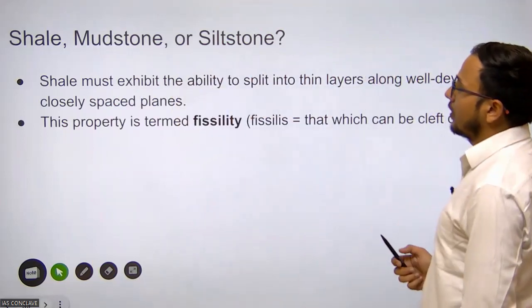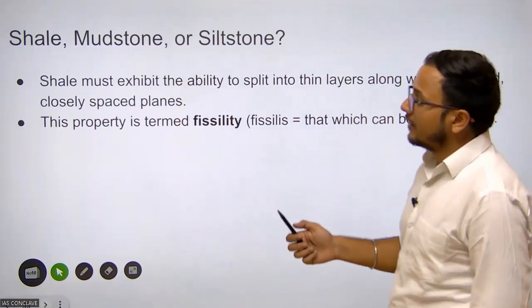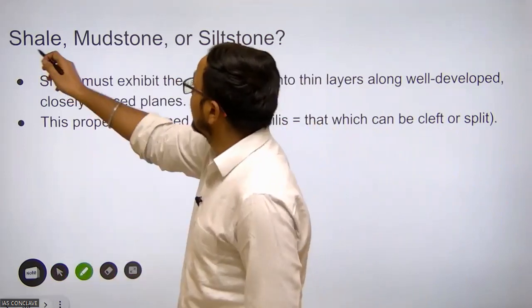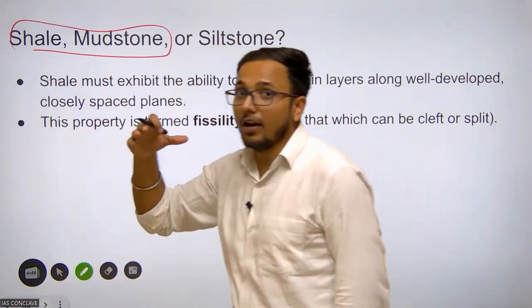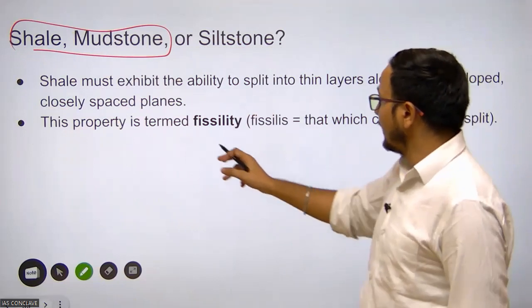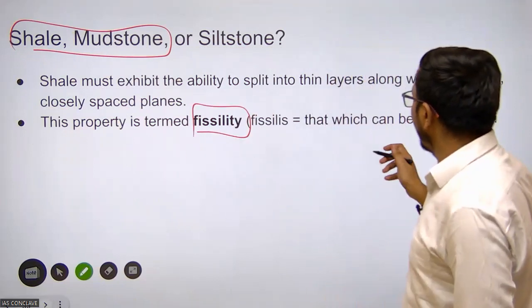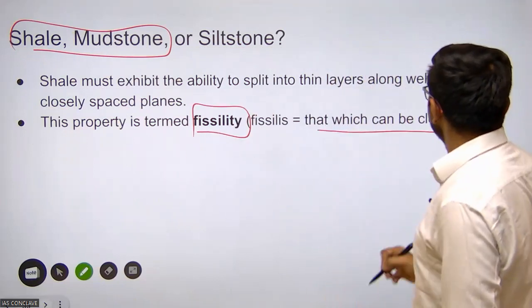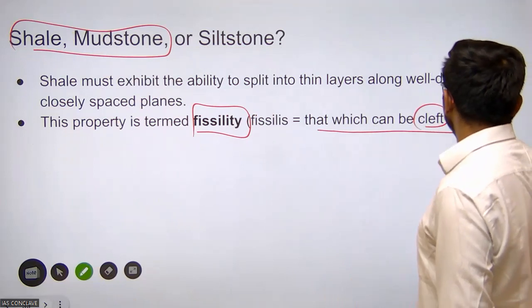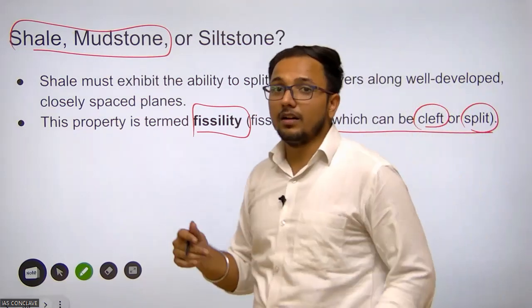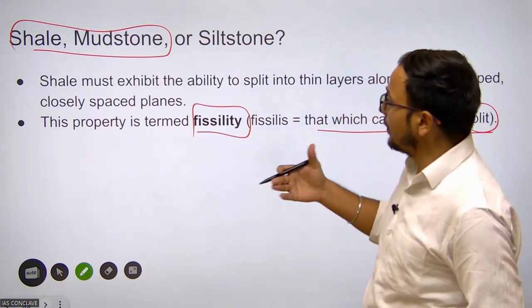Now, shale, mudstone, and siltstone, how can we differentiate? The difference between shale and mudstone is the fissility. What is fissility? Fissility is the breakability, that which can be chipped, clapped, or split. Shale can be split along the planes.